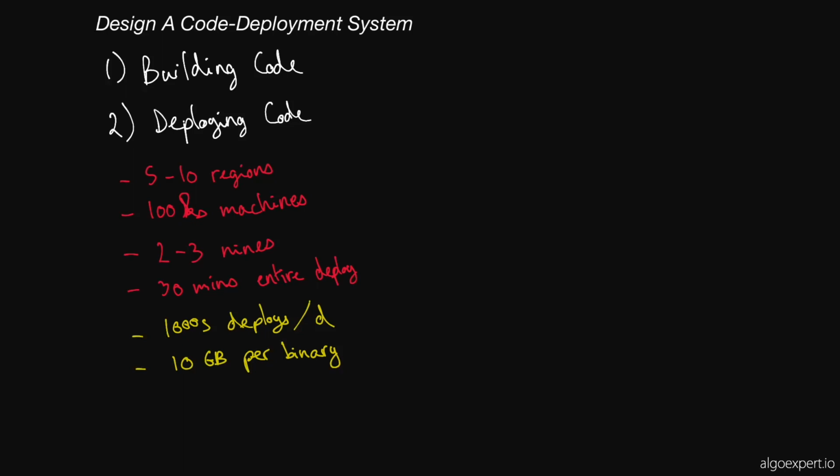So I'm thinking of approaching this problem by first designing the system to build the code, and then designing the system to deploy the code. Does that seem like a sensible strategy? Yeah. Okay. So let's get to part one, building code.